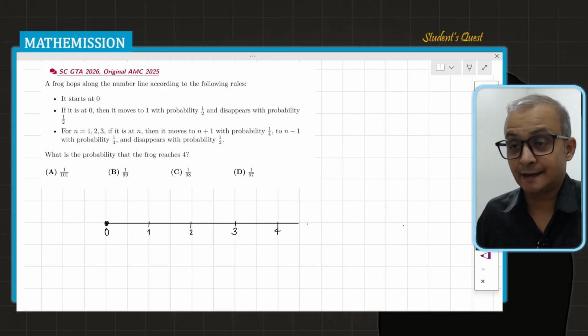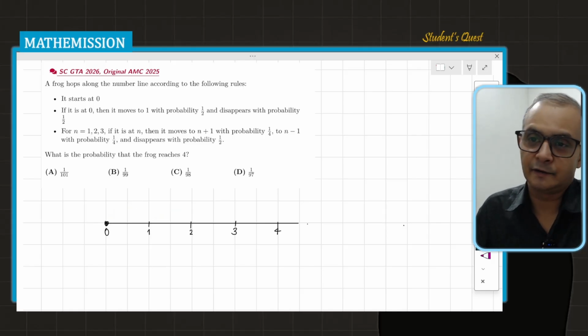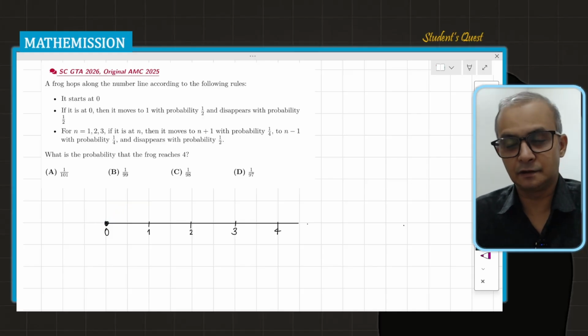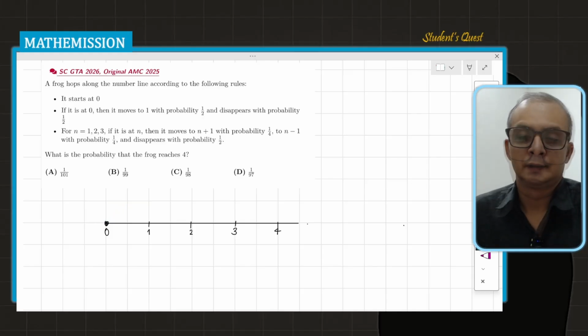So how do we crack it? That's important. Whenever the frog moves forward, it might go back again, and if it keeps repeating as many times as it can, it will never actually reach 4. So in that way, it is very difficult to find the probability.